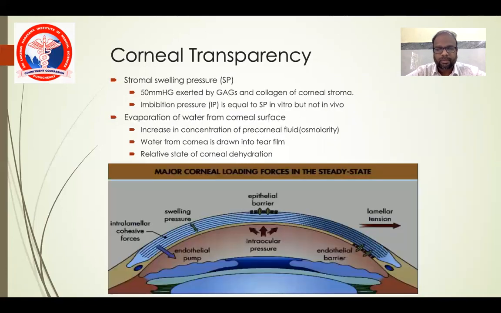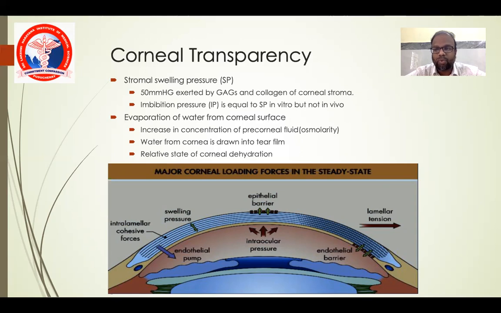Now, coming to the stromal swelling pressure. The stromal swelling pressure is 50 millimeters of mercury, and it is exerted by the glycosaminoglycans and the collagen of the stroma. That is, the glycosaminoglycans are the extracellular matrix, along with the collagens. They try to constantly repel each other because of their negatively charged molecules, and try to move away from each other.